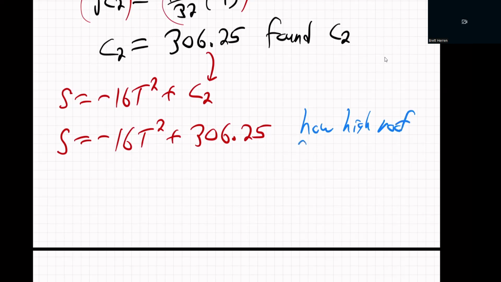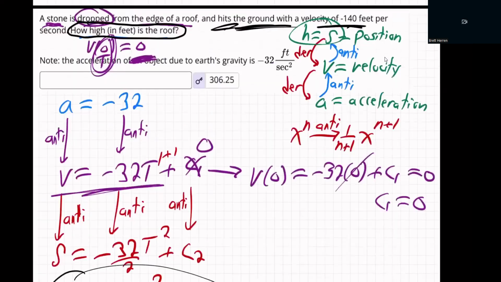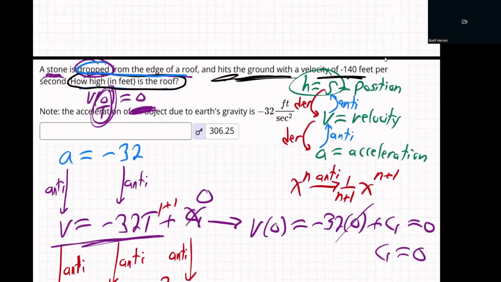Well, we need to find S when t equals 0. Why? Because remember what they did at the start? At time 0, they dropped it from the edge of the roof. So S of 0 is the height of the roof, right? At time 0, at the start of this situation, the rock was on the roof, and right then the person let go of it.